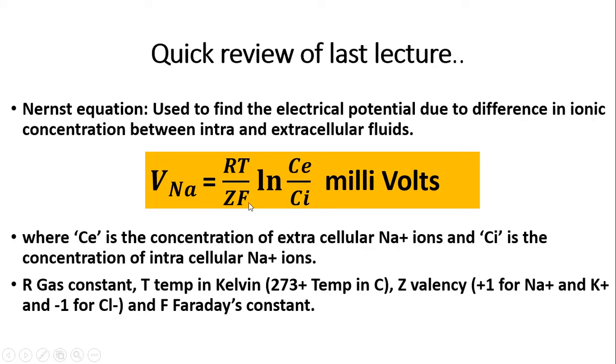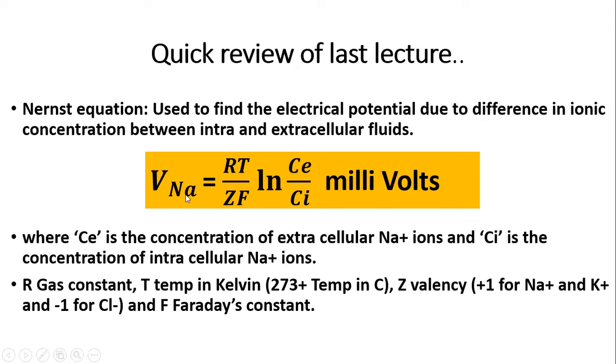F stands for the Faraday's constant. Ln is the natural logarithm operator. Ce stands for the extracellular concentration of sodium, and Ci stands for the intracellular concentration of sodium, and mostly it is in millimoles. That's the unit. So the end result we are getting is in millivolts.